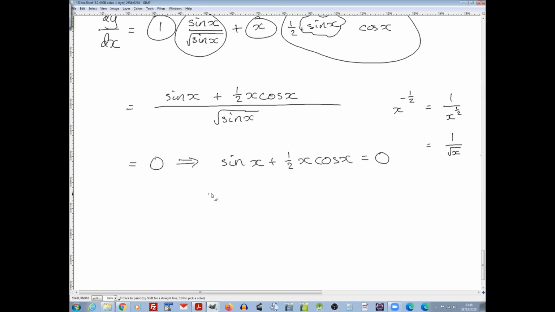You could say half x cos x equals minus sine x. Good.